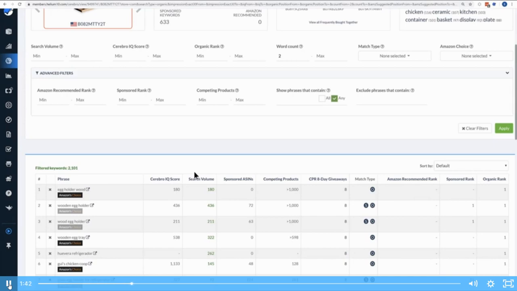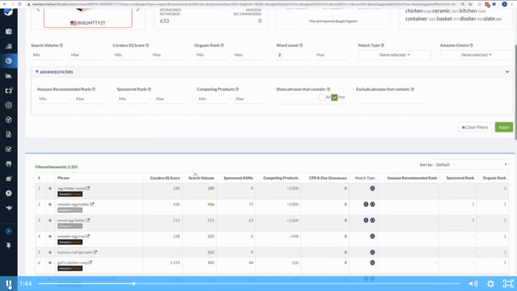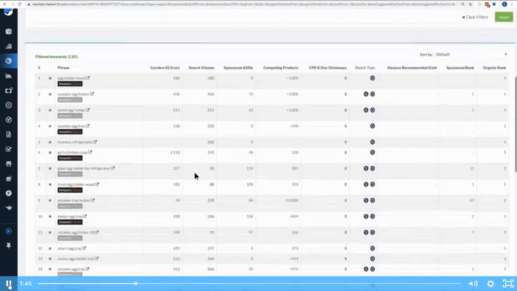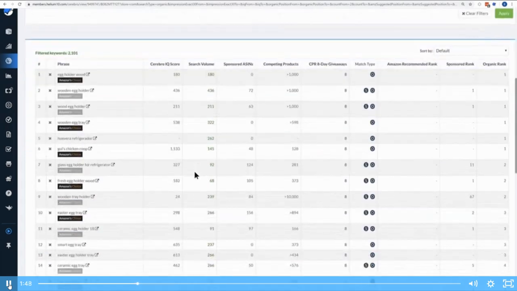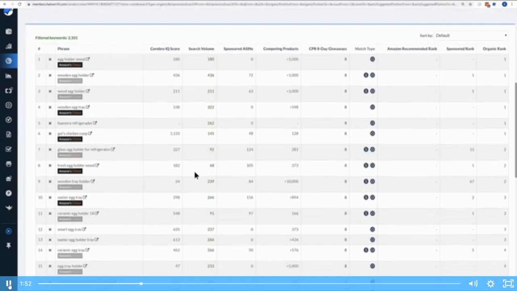It's especially useful in prioritizing keywords. Now, what do I mean by prioritizing keywords? You might be wondering, if this is just an estimation, why would this help me? For example, you might see some of these keywords that look important to you, like wooden egg tray. That's a great keyword right there. Fresh egg holder wood.